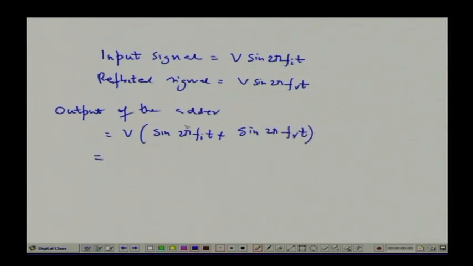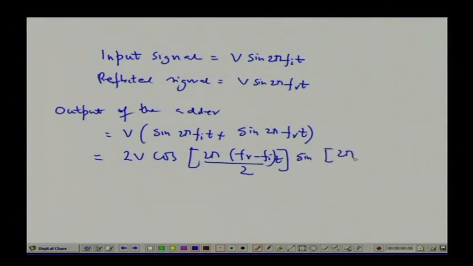So, this I can simplify as 2V cos of 2 pi (Fr minus Fi)/2 times t, multiplied by sin 2 pi (Fr plus Fi)/2 times t.